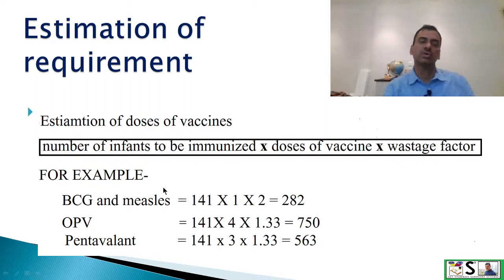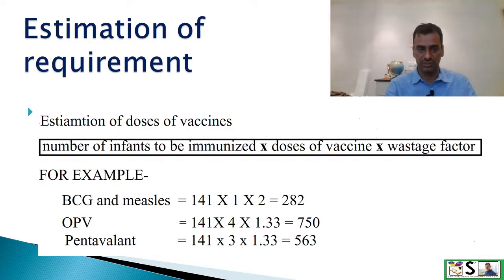For example, BCG and measles both have a single dose. So 141 into 1, and they have a multiplication factor of 2 for wastage. So a total of 282 doses of BCG and measles will be required.